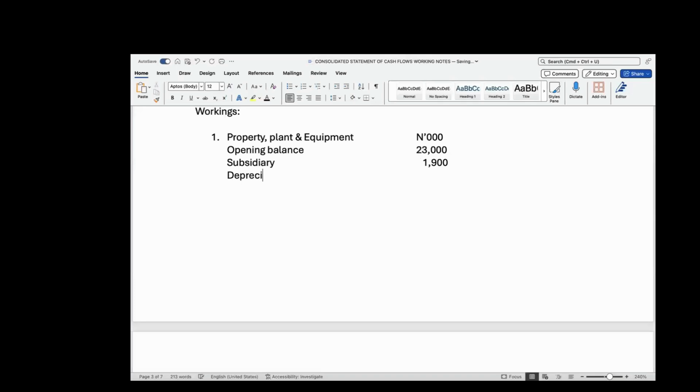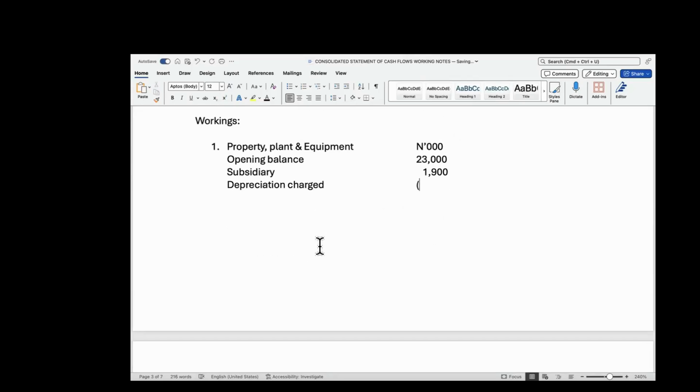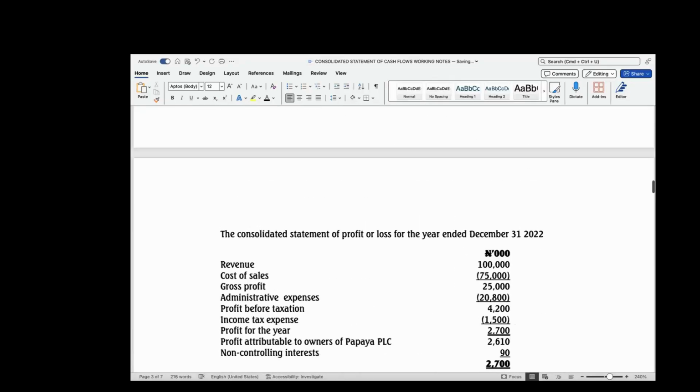Then depreciation charged for the year. I was told that depreciation charged to profit or loss is 2.1 million. And really, that was it for PPE.